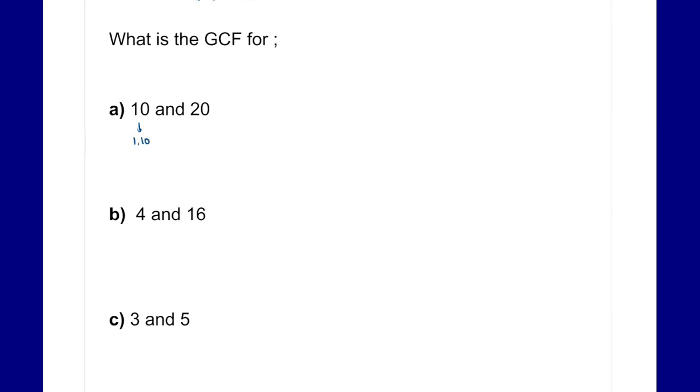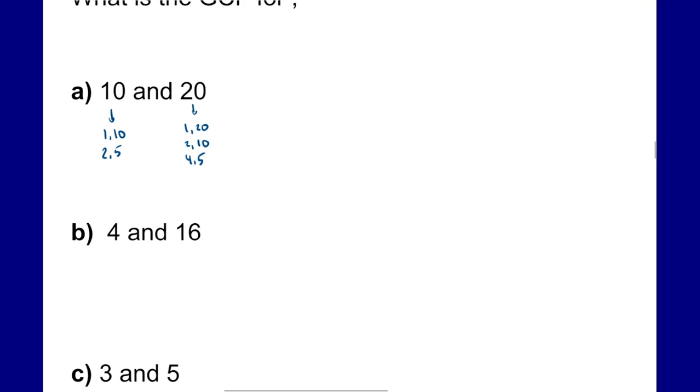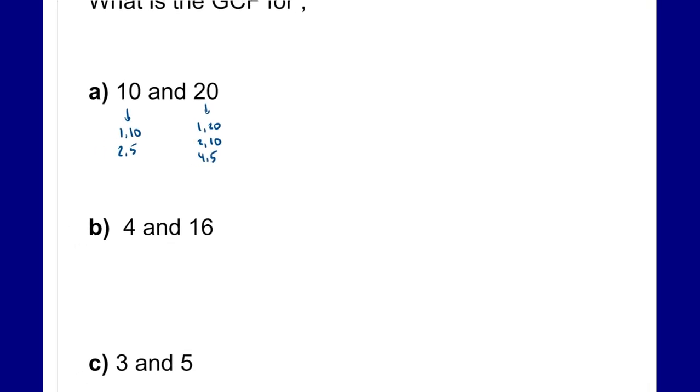Well, I have 1 and 10, 2 and 5, and that's it. For 20, I have 1 and 20, 2 and 10, 4 and 5, and no other values. So now I have to look at these and say, okay, what is the highest factor? And in this case, it would be 10. So the greatest common factor for this one is 10.